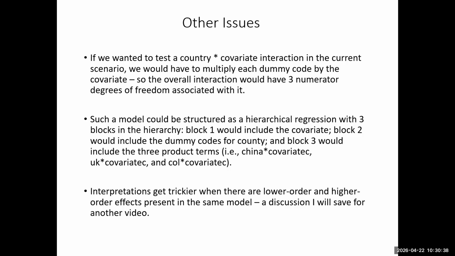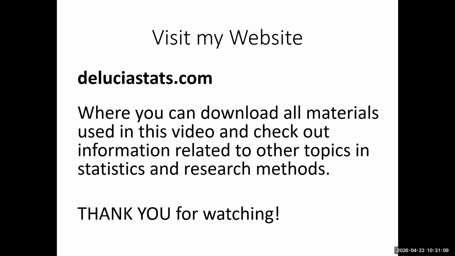And then in block 3 we could add the 3 product terms. And then the R square change, F change associated with block 3 would be tantamount to testing the omnibus interaction for statistical significance. And then the final point on this slide just says that the interpretations get trickier when there are product terms in the model and a mixture of lower and higher order effects. And that's a discussion that I'll talk about in a separate video.